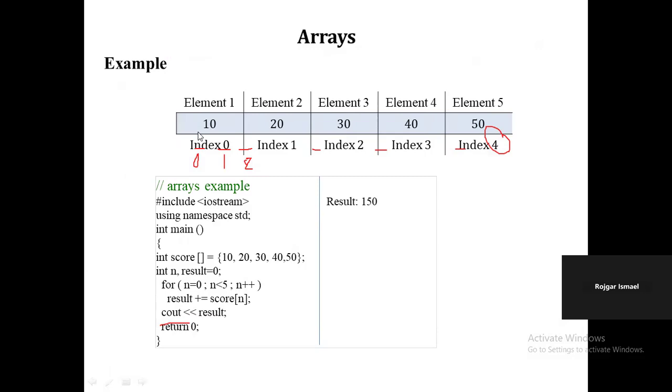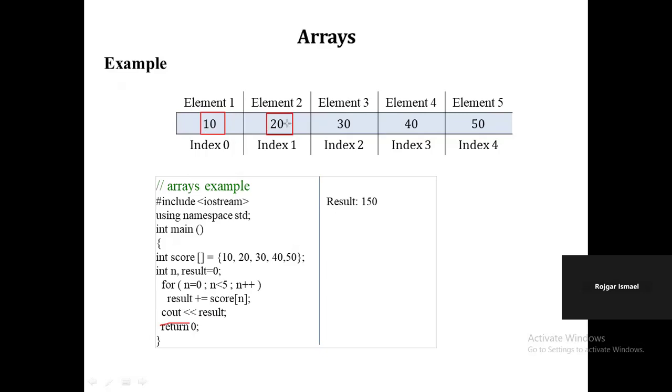If you look, this is actually not a table, but it looks like a table. I created this in order to clarify the array for you. If you look at the blue row, it means the values: this is 10, then 20, 30, 40, and 50.